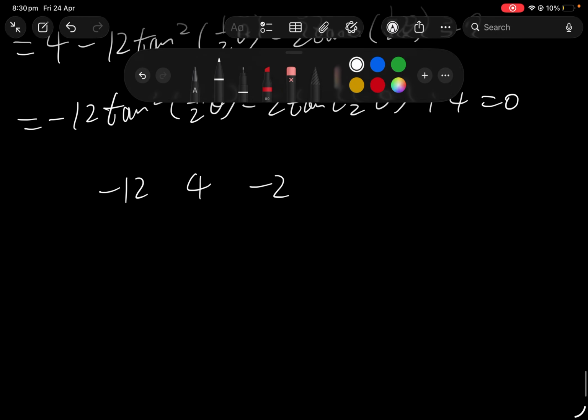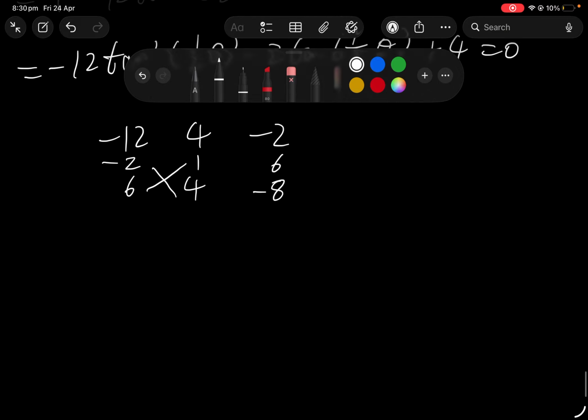So let's see, 2, 6, 2, 2, that'd be 4. No, that wouldn't work. This will work, so that becomes 6, that becomes 8, the difference is 2. The bigger one should be negative.